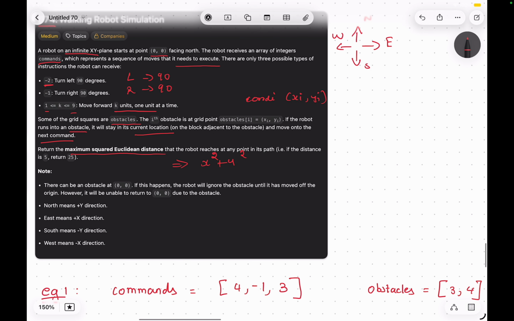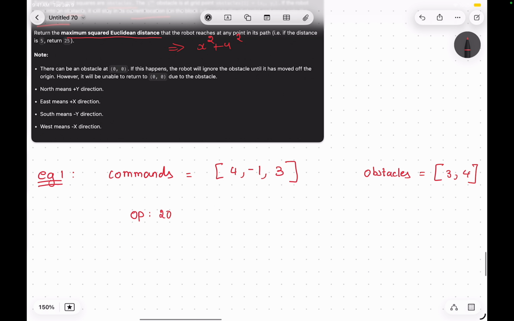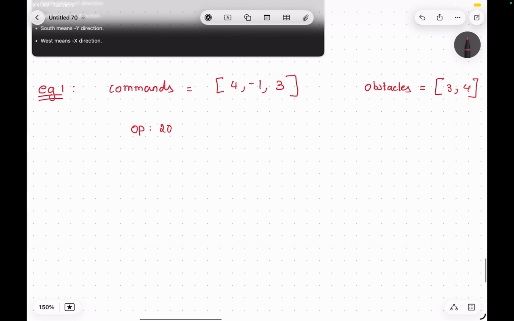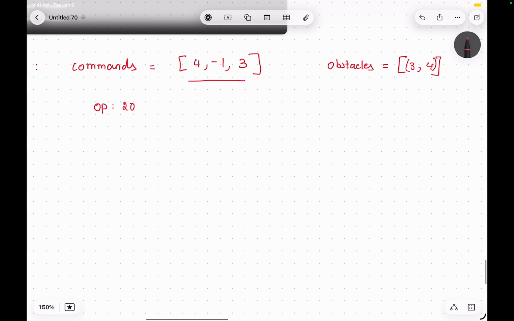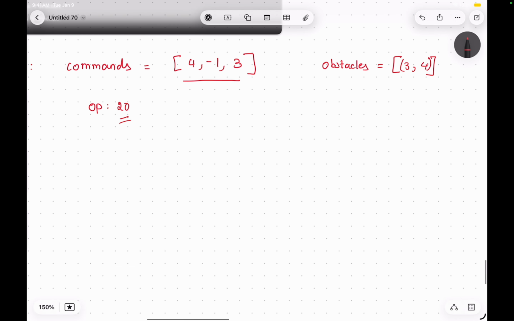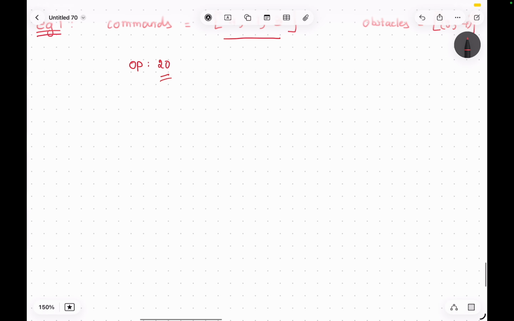Let us understand this question with the help of example 1. This is the given commands array and this is the obstacles array, which has nested tuples that indicate the coordinates, and the expected output here is 20.